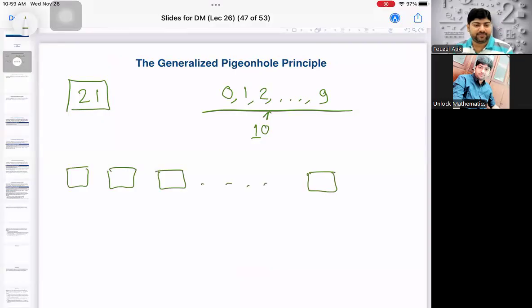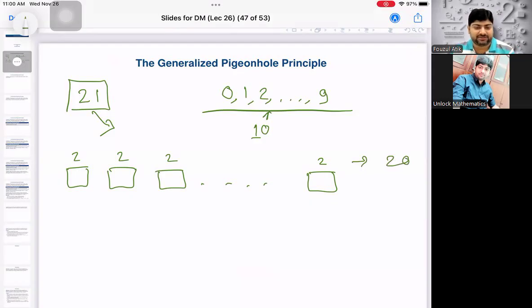10 positions are there. Now, among these 21, even if they are equally distributed, you may have 2 zeros, 2 ones, 2 twos, 2 threes, like that up to 2 nines. All of them could be 2. Then how many can you cover? You can cover 20, right?